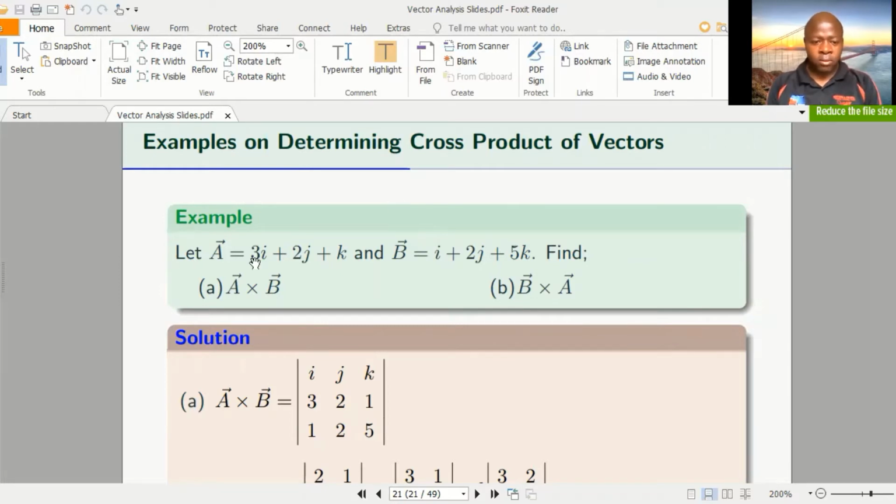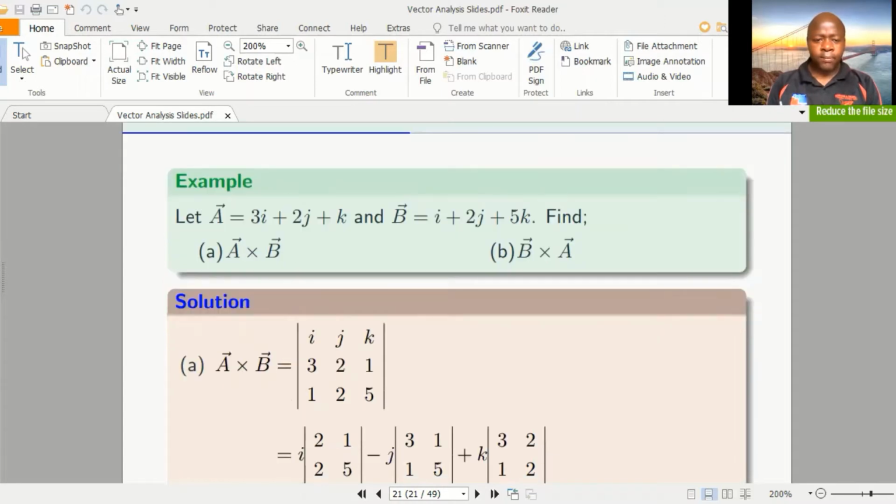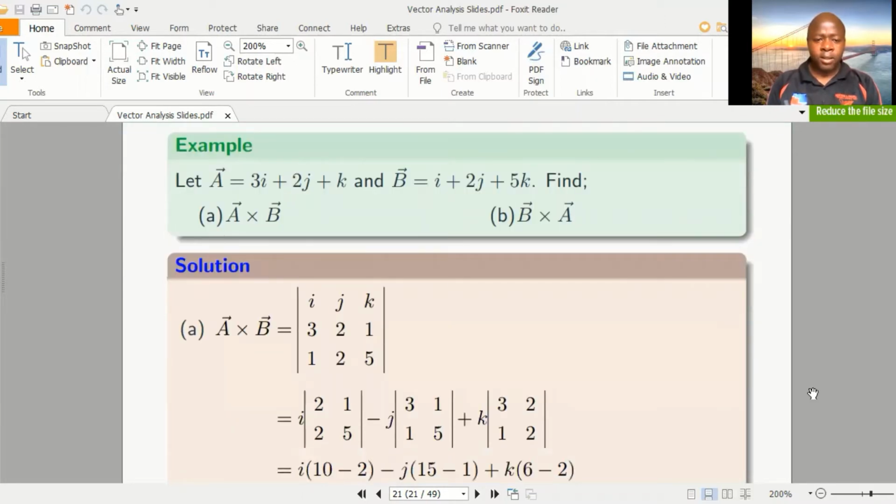So let's go to the first example, and the first example says that if this is vector A and this is vector B, find vector A cross vector B, and then find vector B cross vector A. And of course, this is easy.